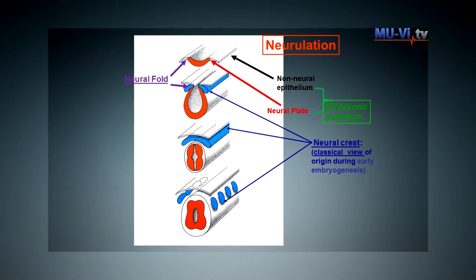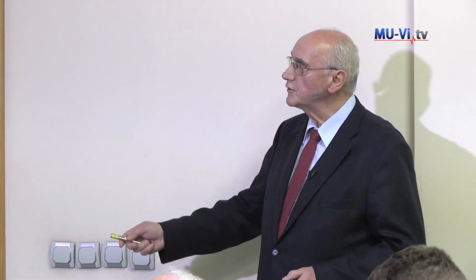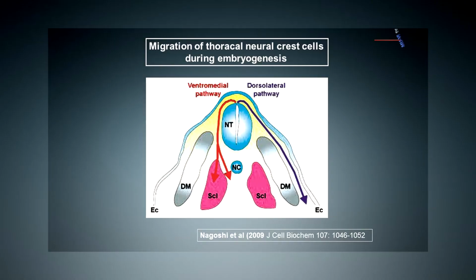And we know that the neural crest cells then move through definite ways and are distributed throughout the whole organism. One of these ways is the dorsolateral pathway, and the other is the ventromedial pathway.